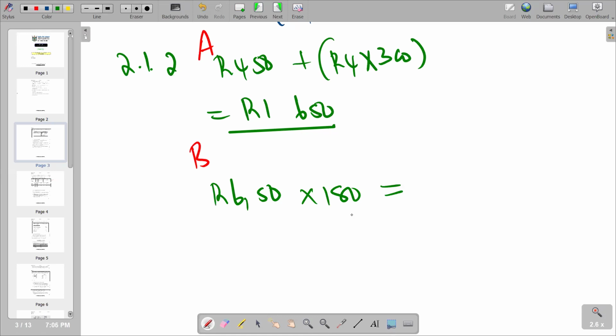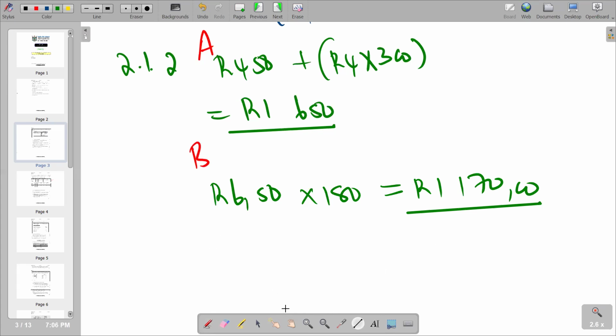If you multiply by 180, you're going to get 1,170 rands. So this becomes your answer.